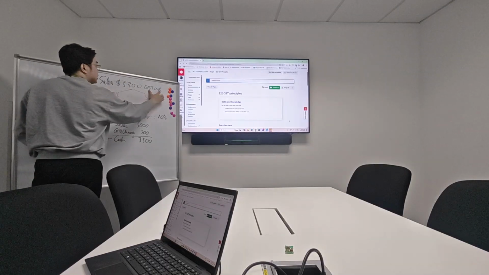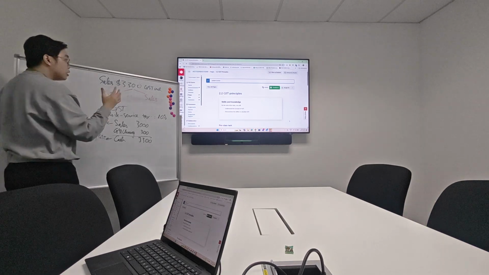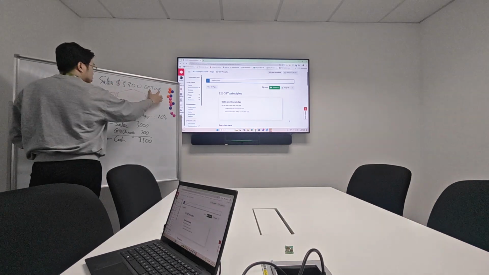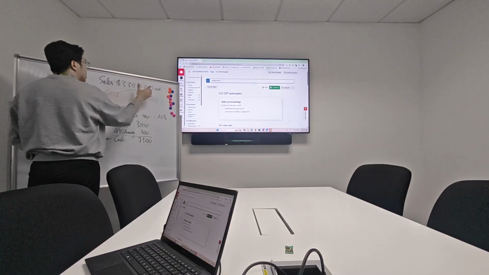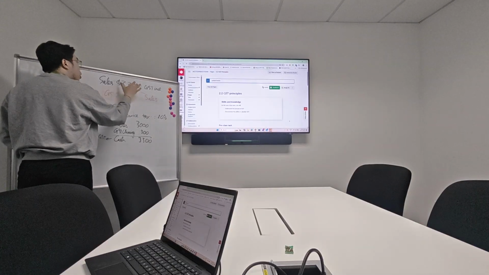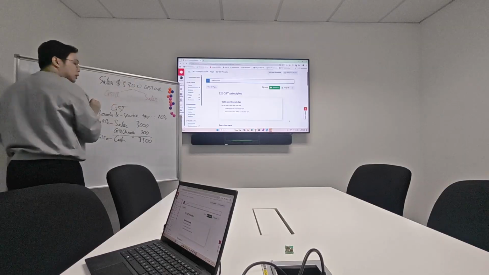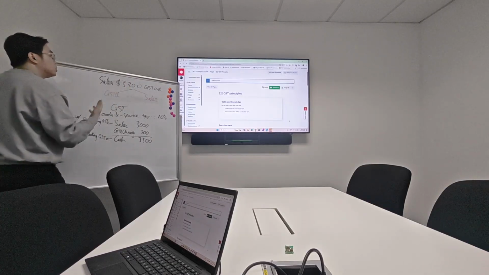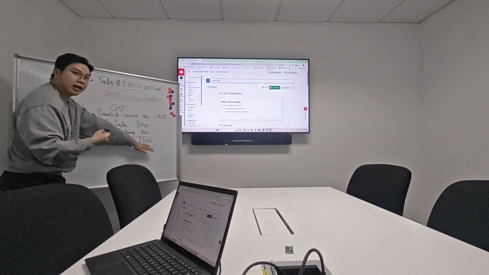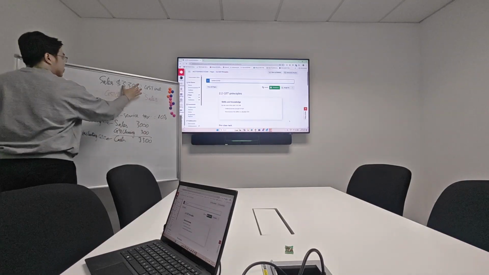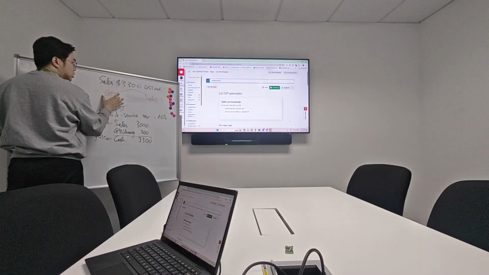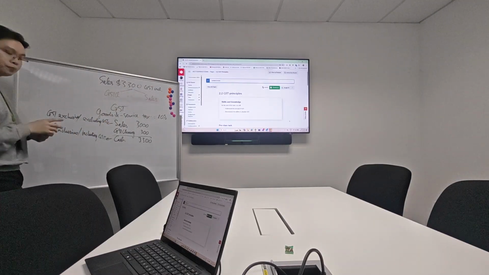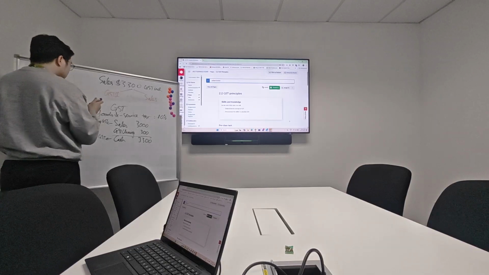They didn't even read the later part. The later part in this question is GST inclusive, meaning this figure already has GST inside of it, right? So how do you figure out how much is GST and how much is the sales? Very simple.